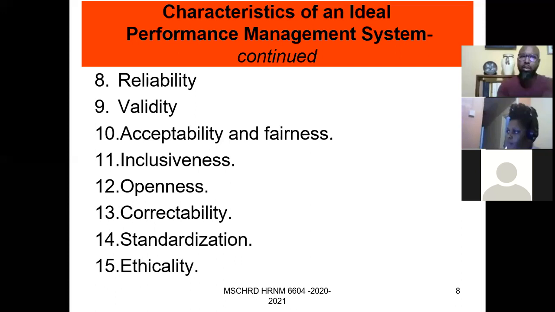So two things should happen with correctability: any system errors or changes to the system, we should be able to correct them.